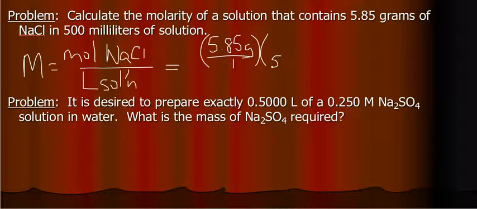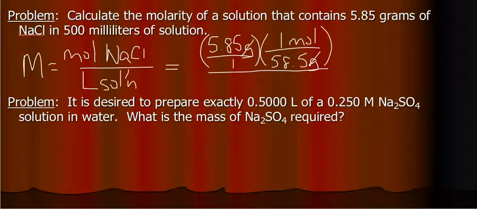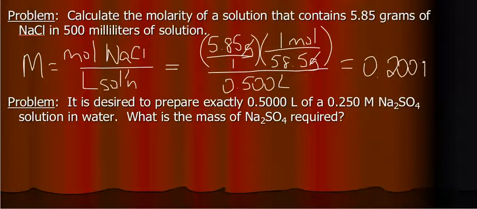From the periodic table, 58.5 grams per mole. That will leave me moles in the numerator. And I have 500 milliliters of solution, which would be 0.5 liters of solution. So my concentration for this solution is 0.2 molar solution. Just designate with a capital M.